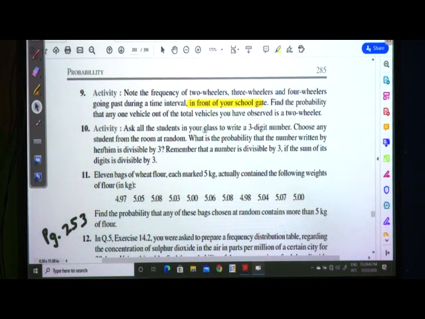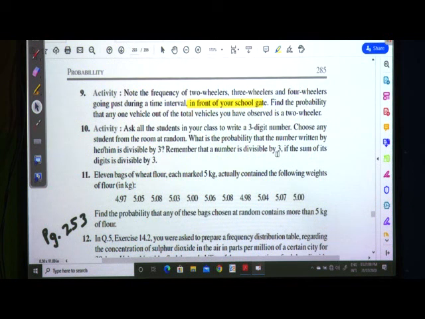Ask all the students in your class to write a 3-digit number. Choose any student from the room at random. What is the probability that the number written by her or him is divisible by 3?